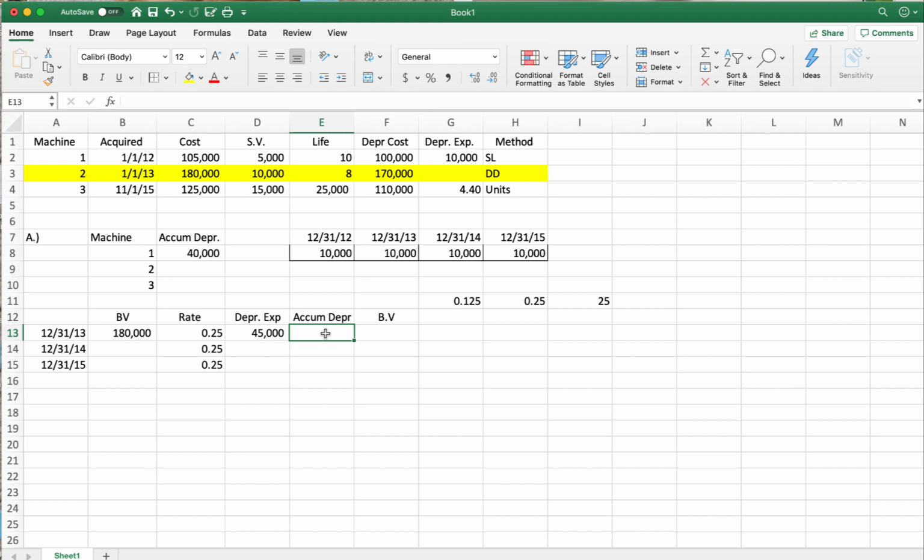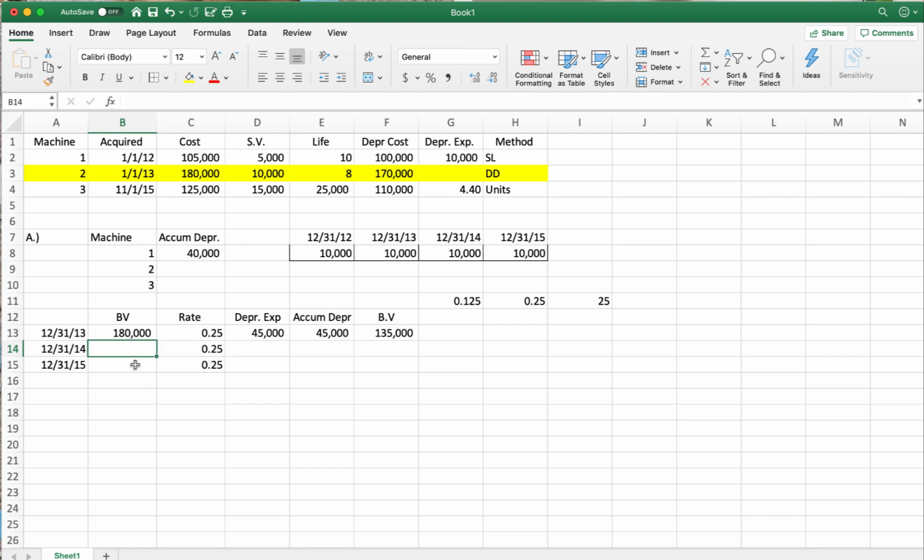If the depreciation expense for year 1 was $45,000, that has to be my accumulated depreciation for the first year. So I'm going to type that in. Okay. Now we need to figure out what the book value is. Super easy. I take my beginning book value of $180,000 and subtract my accumulated depreciation for year 1. I get a book value of $135,000.